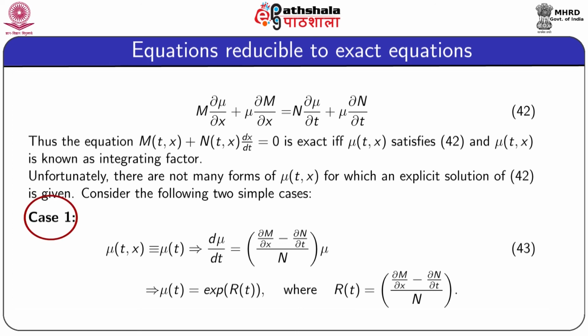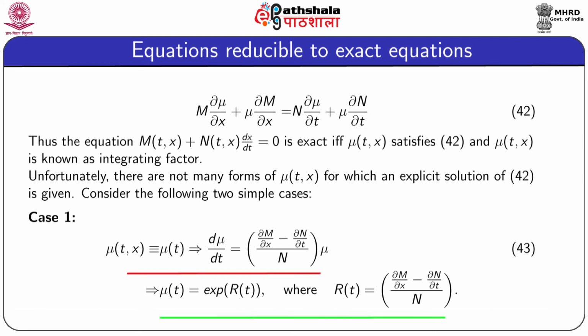In case 1, we take mu(t,x) as a function of t only, that is mu(t), which implies dmu/dt is equal to (∂m/∂x minus ∂n/∂t) divided by n, multiplied by mu, which implies mu will be exponential of R(t), where R(t) is given by (∂m/∂x minus ∂n/∂t) divided by n.